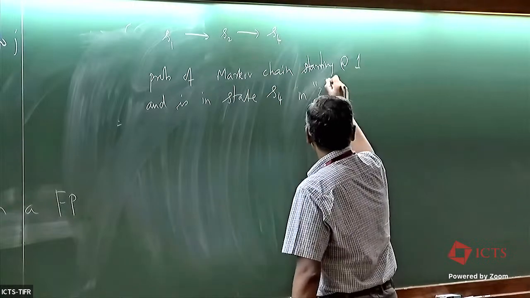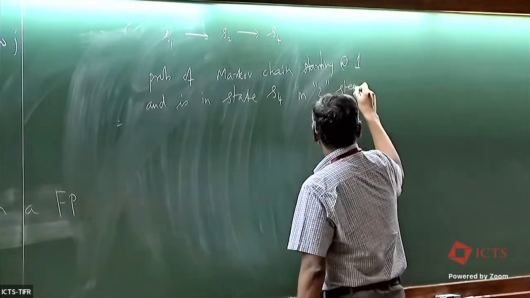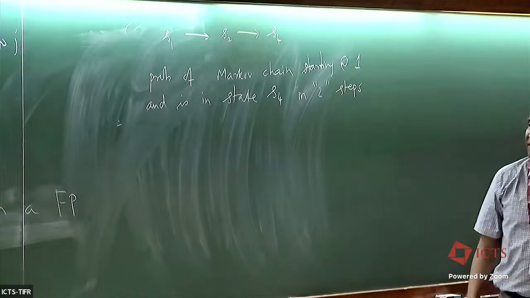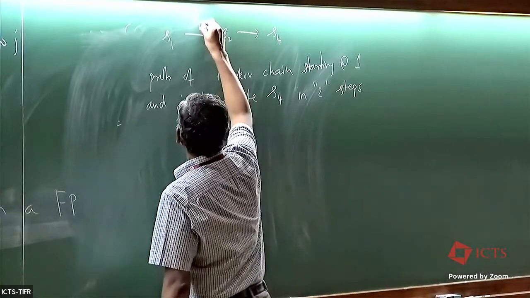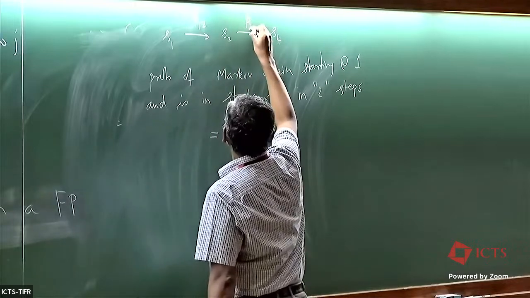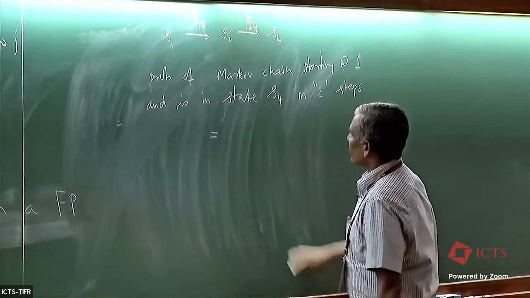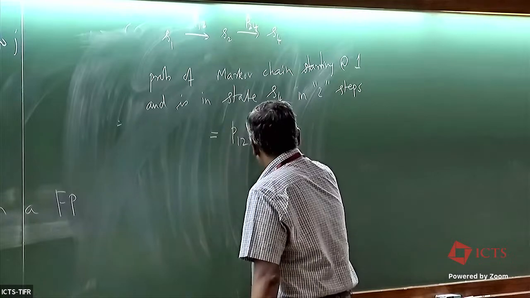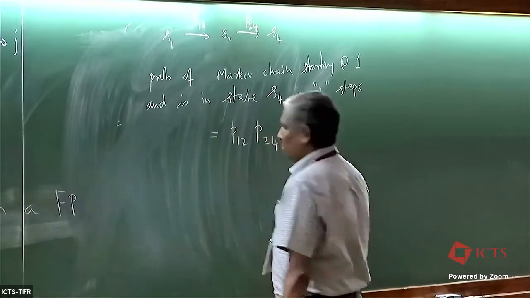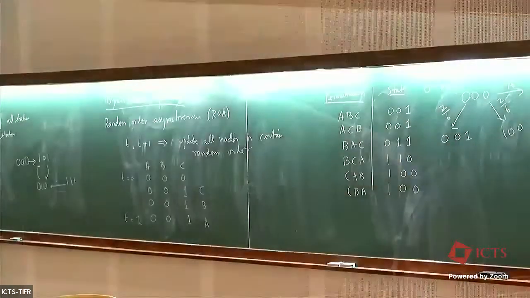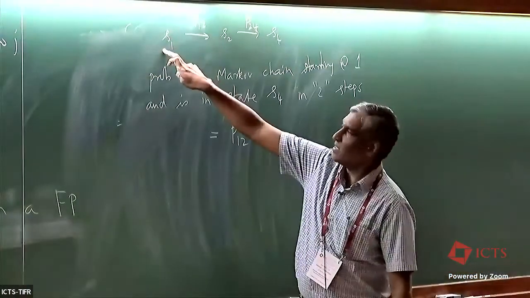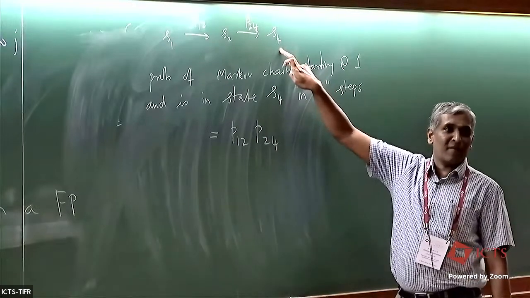The number of steps is very important. If this is the transition probability, this is essentially given by P12 into P24.